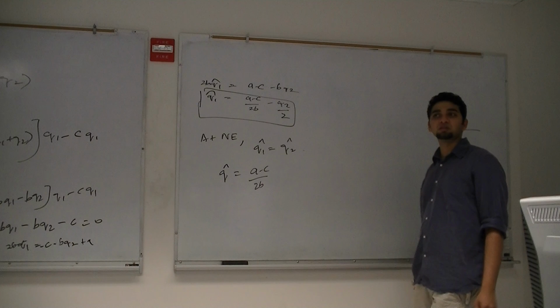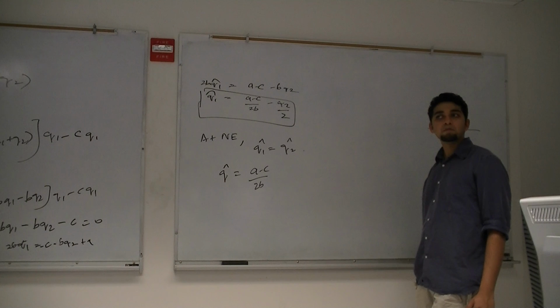Why do you think it's because of symmetry? It doesn't really have much to do with saying it's the best response of the other, therefore the two have to be equal. If you don't have symmetry of the problem, then you don't have Q1 hat equal to Q2 hat. It's equal just because the problem is symmetric.